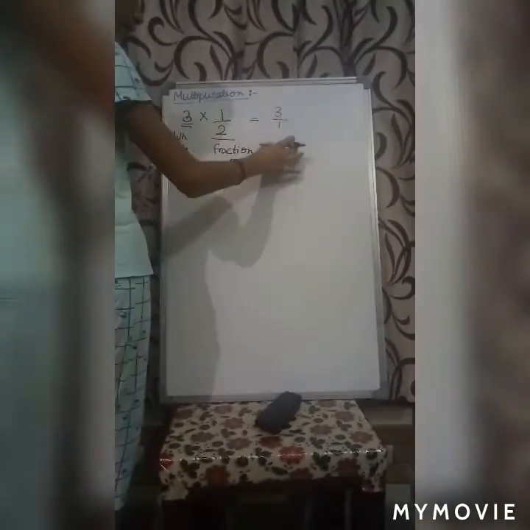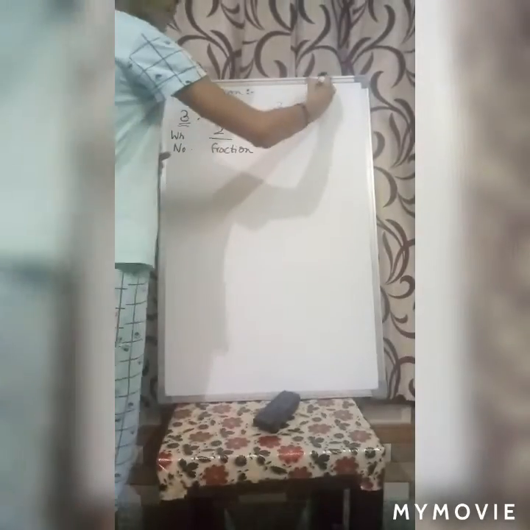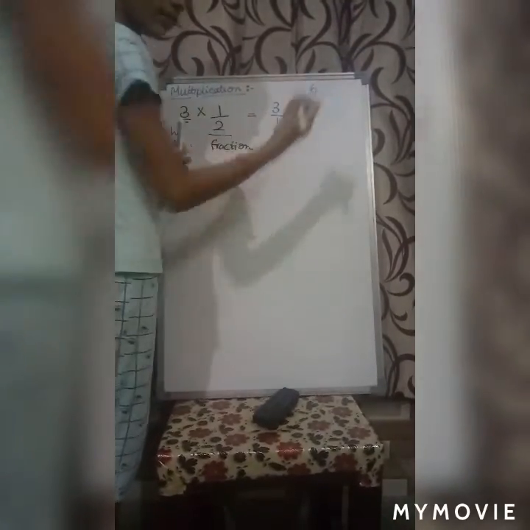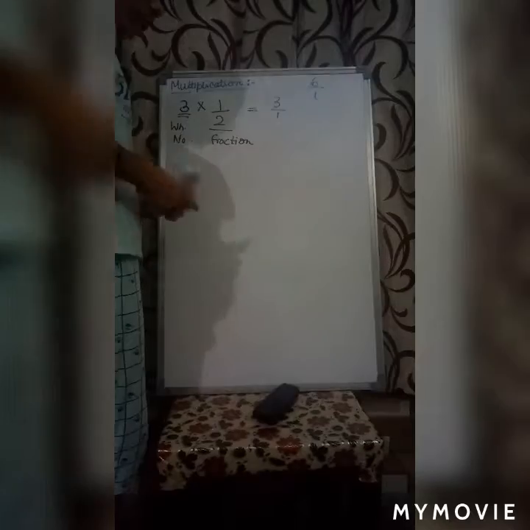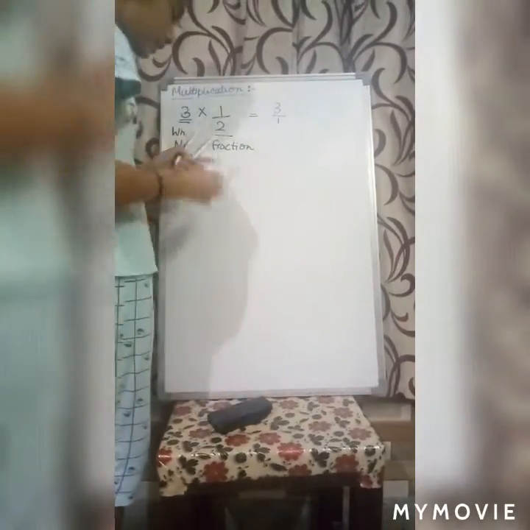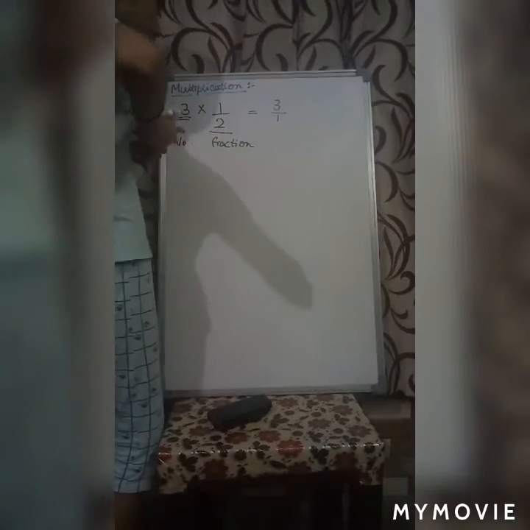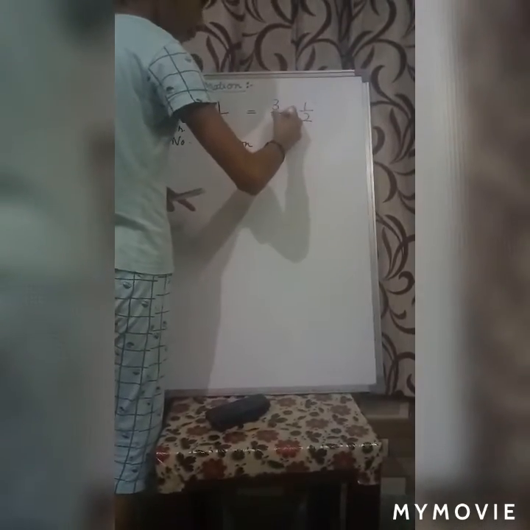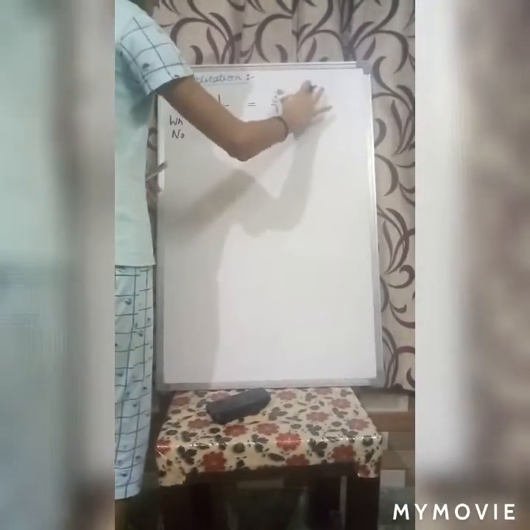If we have 6, then we'll represent it as 6 upon 1. So how to multiply? Represent the whole number as a fraction and then multiply. Write the multiplication sign and the fraction as it was.